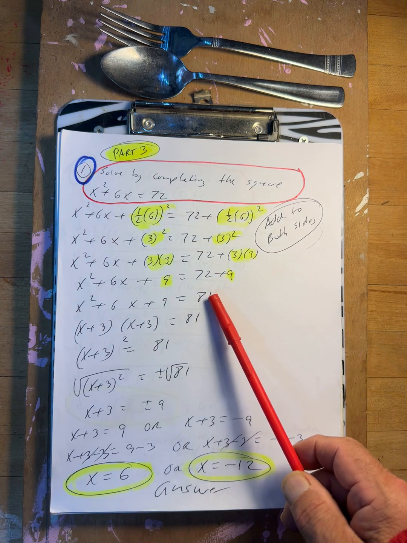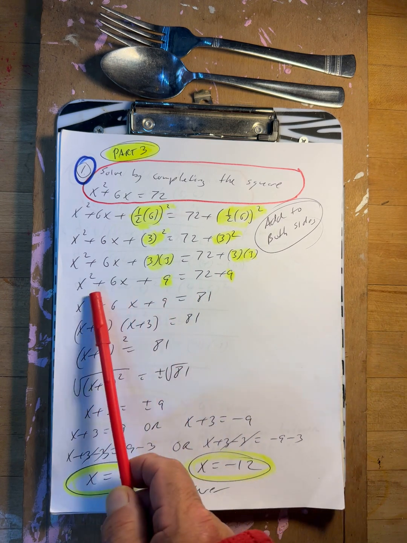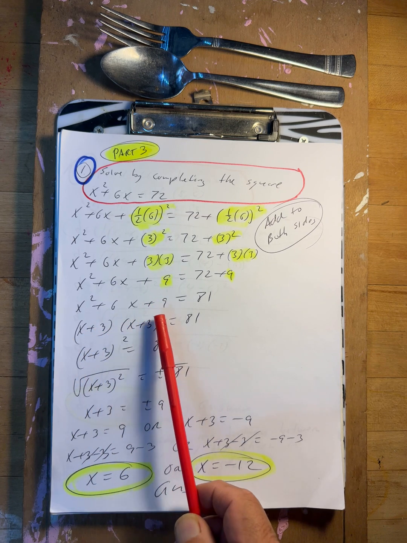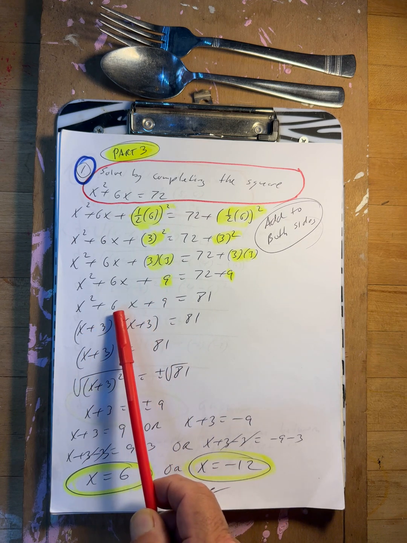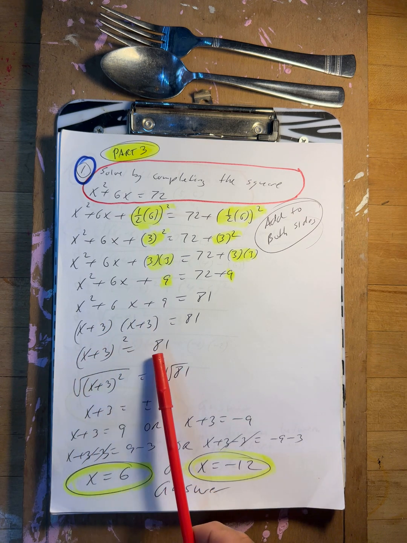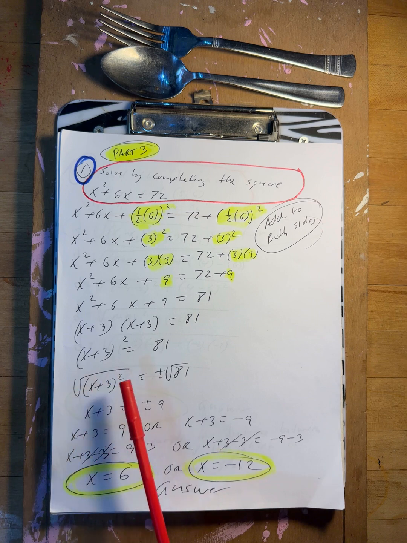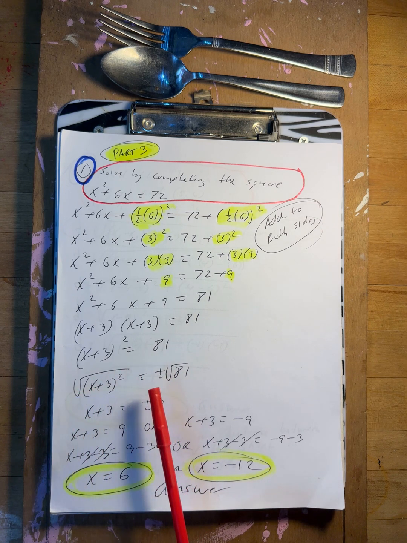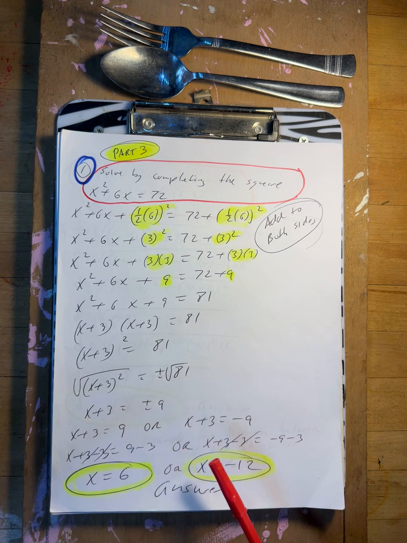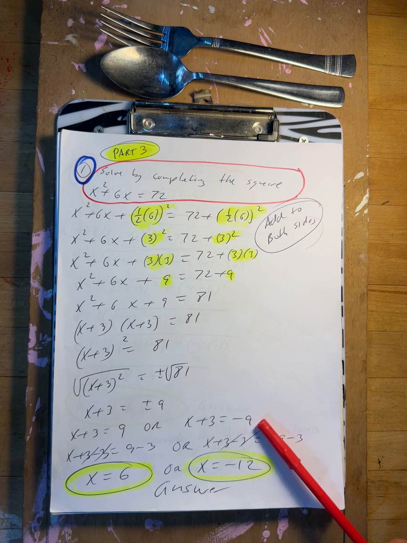It's 81. Now this one I'm going to factor into x plus 3 because 3 times 3 is 9 and 3x is 6x. So x plus 3 squared equals 81. Take the square root of both sides. Now you have x plus 3 equals plus or minus 9. x plus 3 is 9, or x plus 3 equals negative 9.